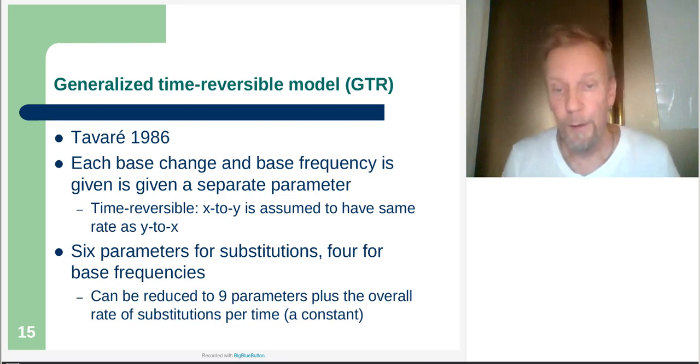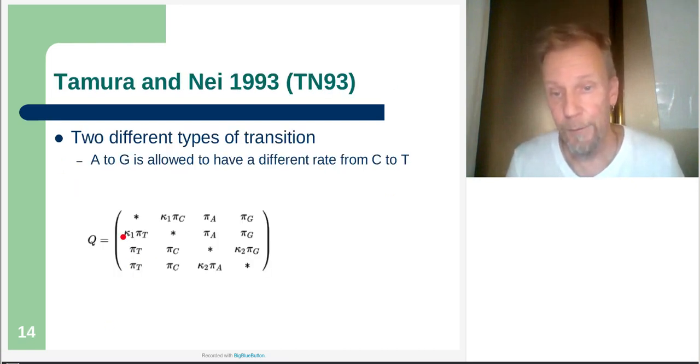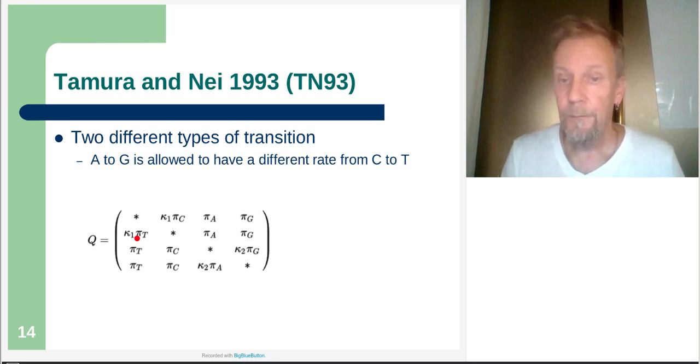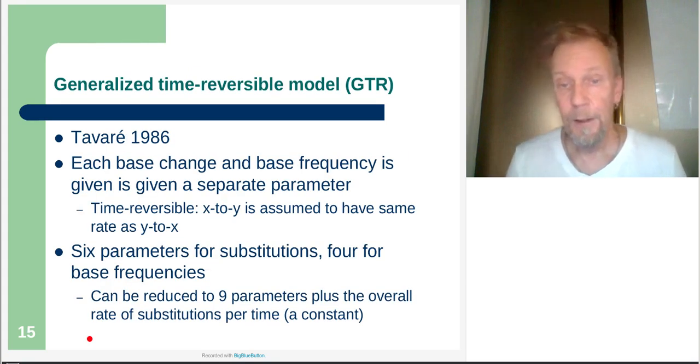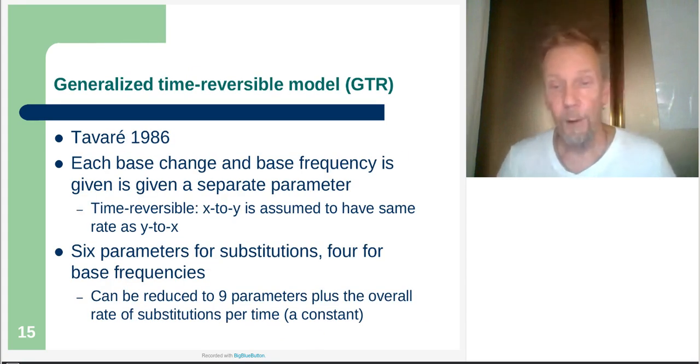What I wanted to say is that we have the bottom half of the matrix as a mirror image of the top half of the matrix, so that the probabilities of change are reflected, and therefore we have only 6 parameters for substitutions, and then there are 4 for base frequencies.